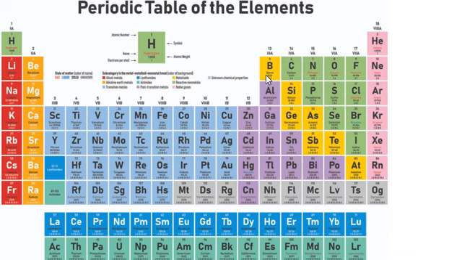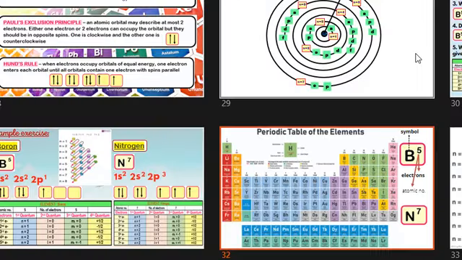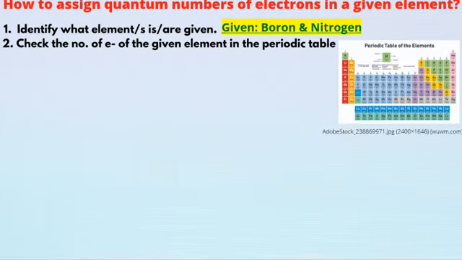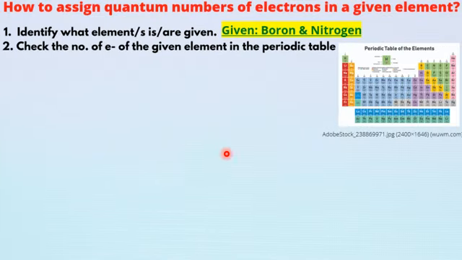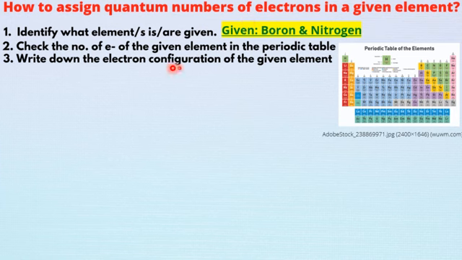How about the nitrogen? The nitrogen is the seventh element in the periodic table, meaning the atomic number of nitrogen is 7, the electron number is also 7. So since we now know the electrons of nitrogen and boron, we can now proceed to the third step, which is writing down the electron configuration of the given element. We have to write first the electron configuration of boron.